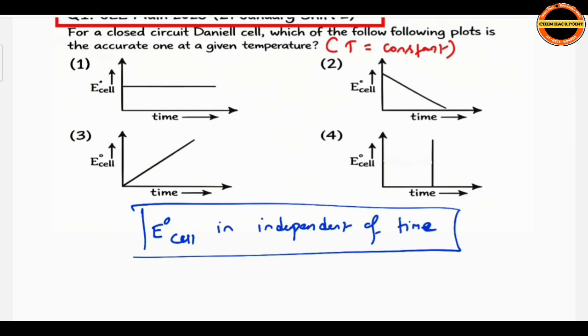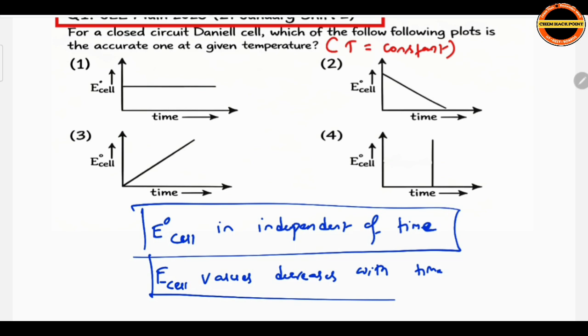E cell value decreases with time, but E naught cell value is independent of time. Hence, if we observe all these graphs, it is correct.